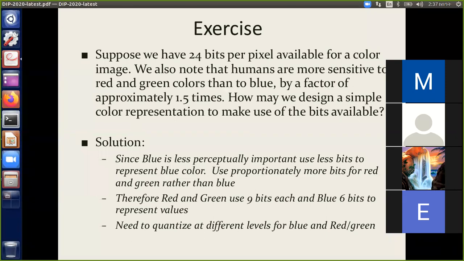If red and green are more sensitive to the human eye than blue by 1.5 times, we give red 1.5, green 1.5, and blue 1. So finally we get the proportion of 9 bits for red and green, and 6 bits for blue, which still gives us 24 bits.